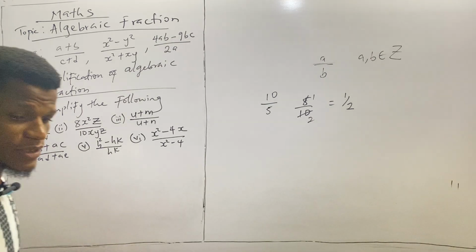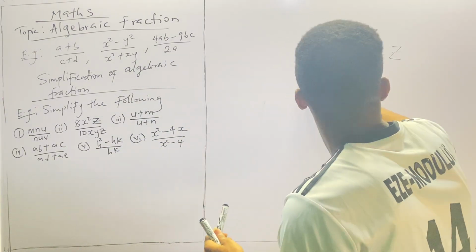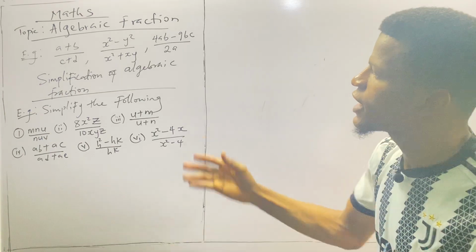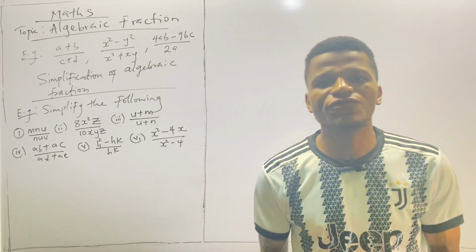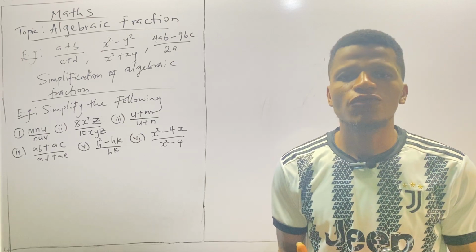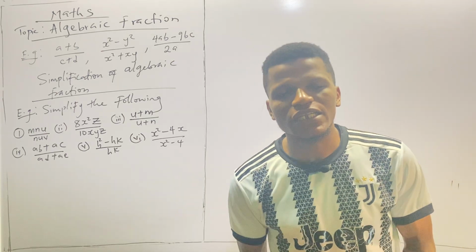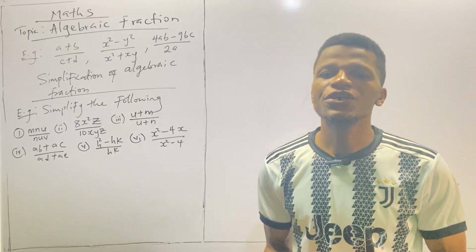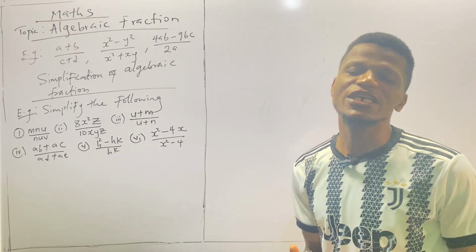Okay, so let's start with this. All right, like I said earlier, simplification of algebraic fraction is evaluating an algebraic fraction to its simplest form. And its simplest form is considered as its standard form. So any fraction that is not in its simplest form is not the solution.